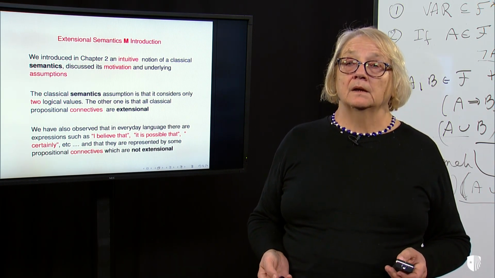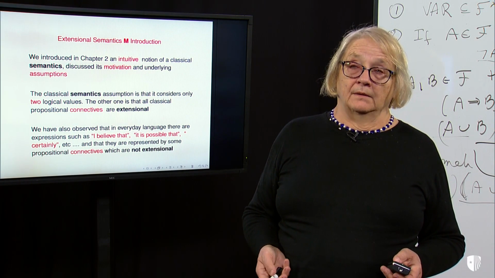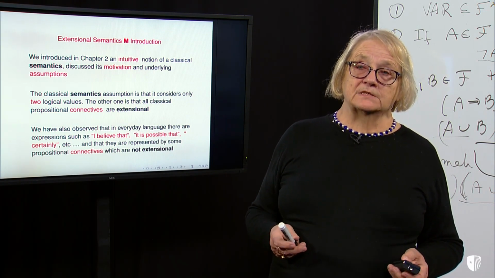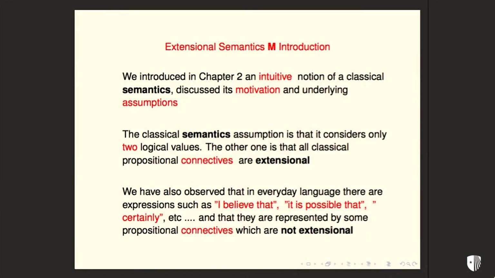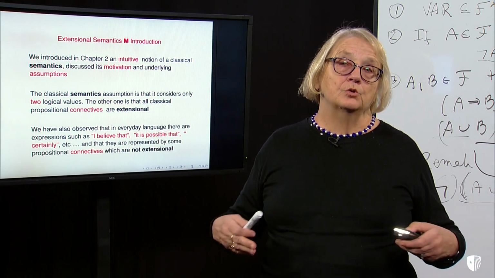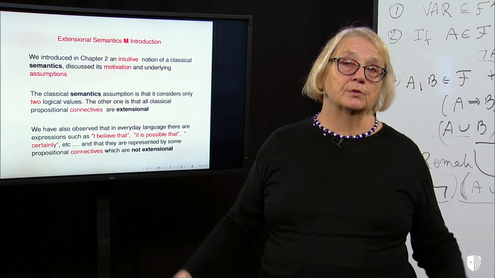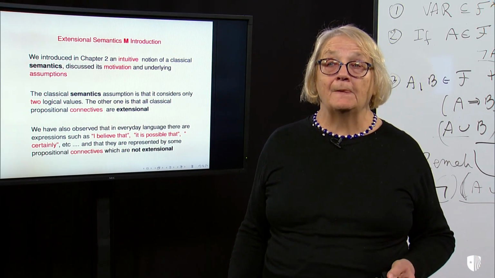Also, in classical semantics we assume that we consider only two logical values, and that the classical connectives are extensional. So we generalize that definition of classical extensionality to the class of semantics which we call extensional semantics.